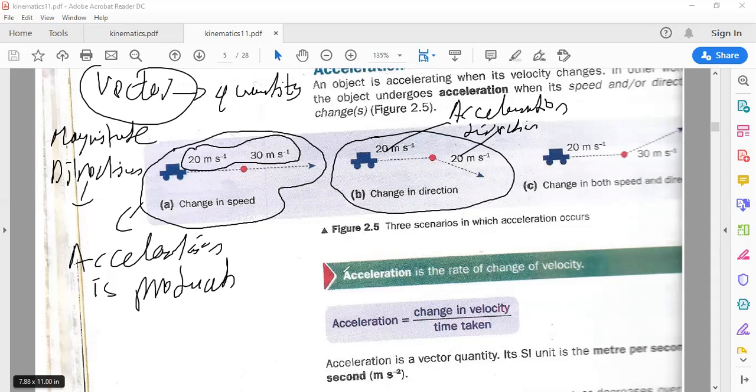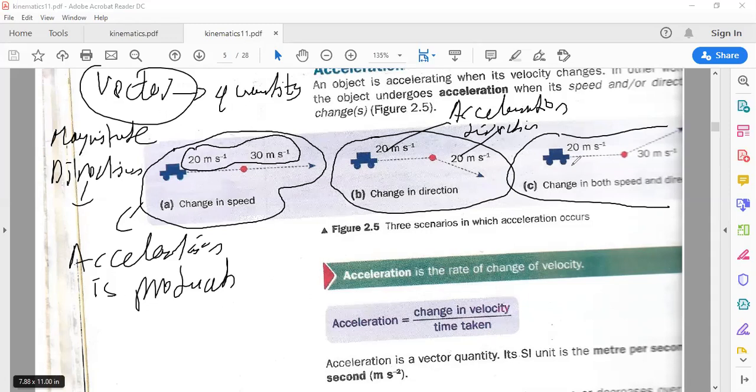Okay. In part C, there is both a change in speed and direction. Why? There is a change in the magnitude, and there is also a change in the direction.